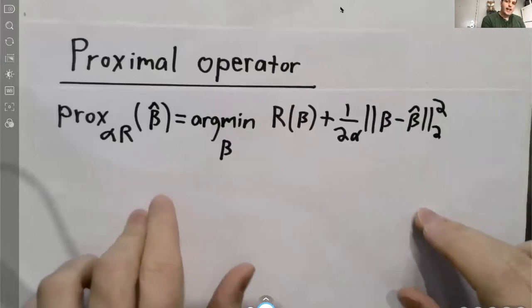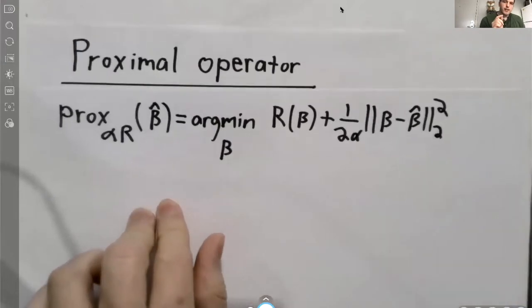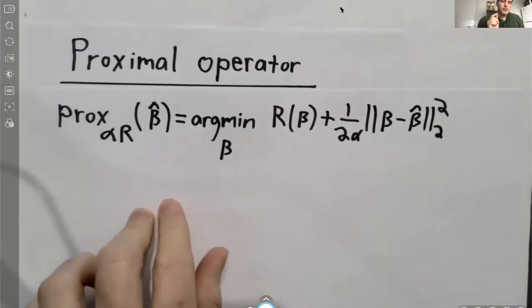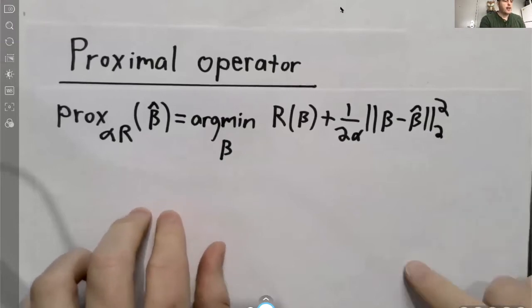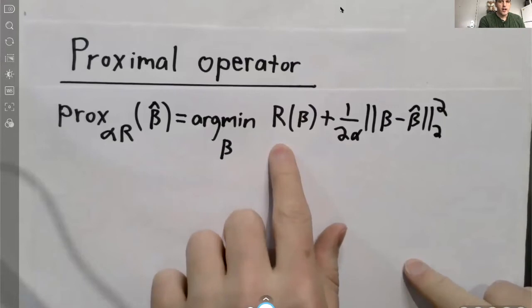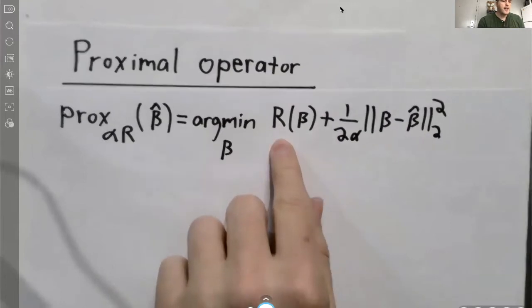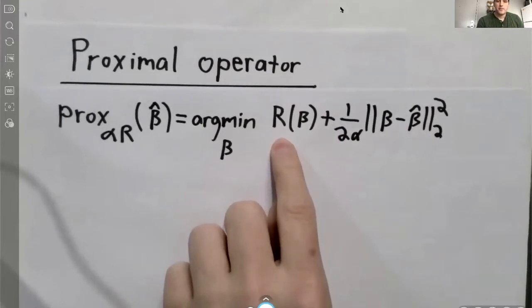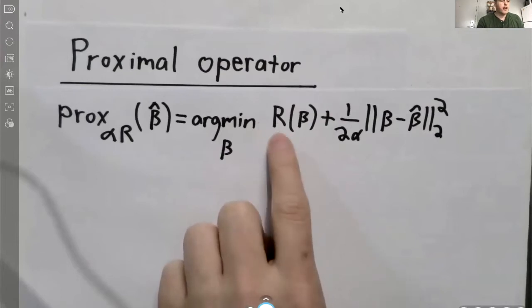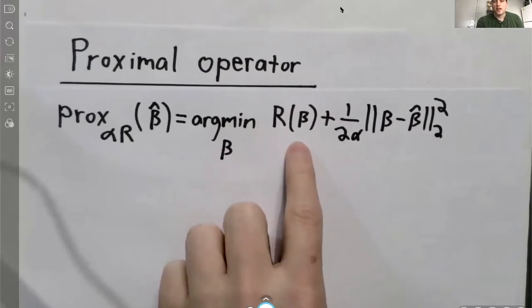At each iteration of the proximal gradient method, we have to evaluate something called the proximal operator of our regularization function R. The proximal operator was defined like this. Here, R is a function that takes a vector as input and returns a scalar as output. For example, R of beta might be equal to the L1 norm of the vector beta.